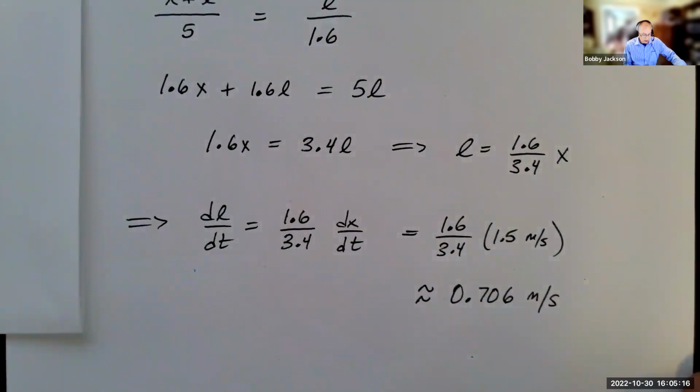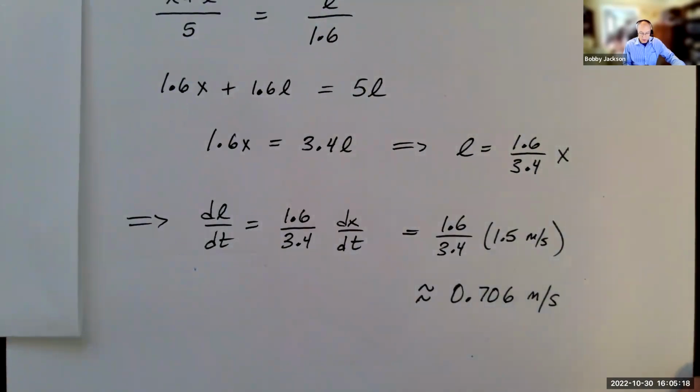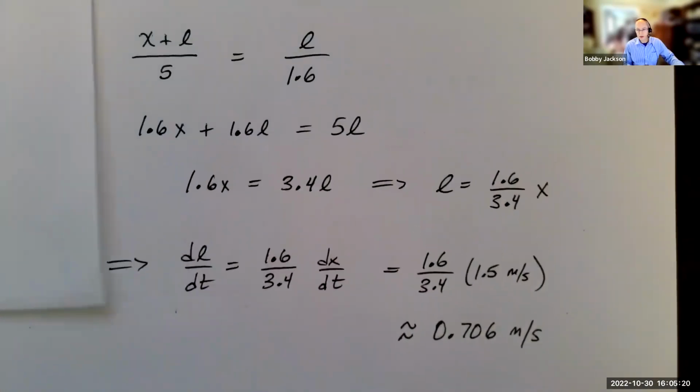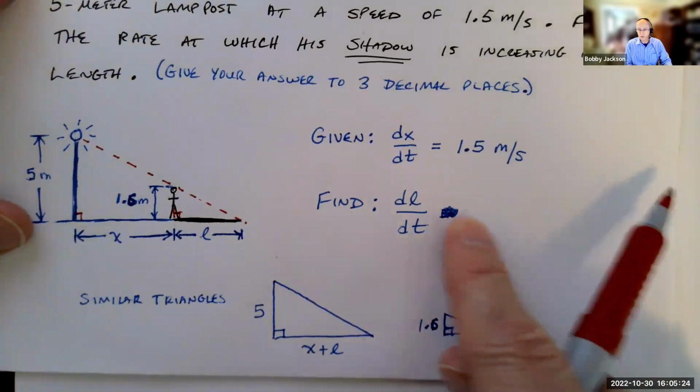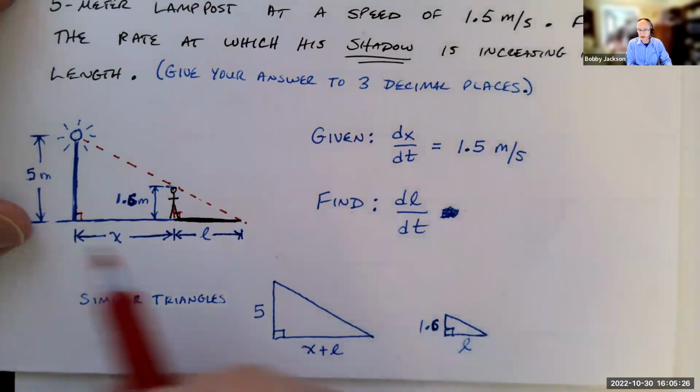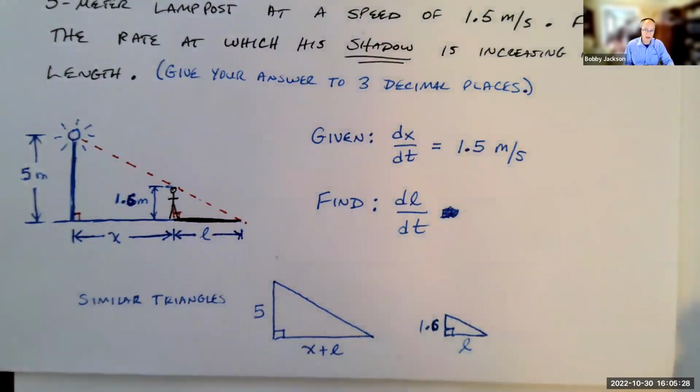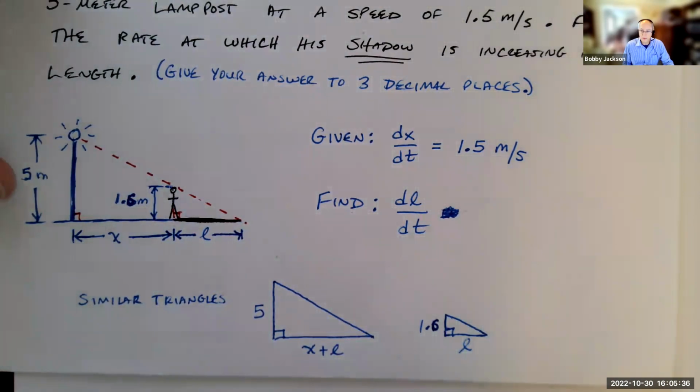Now, one thing a little bit different about this related rates problem compared to others: a lot of times we're told to find a given rate, and then we're told to find it when, like, the man is 10 feet from the pole, or when the shadow's length is 5 meters, or whatever the case may be. We're not given that.